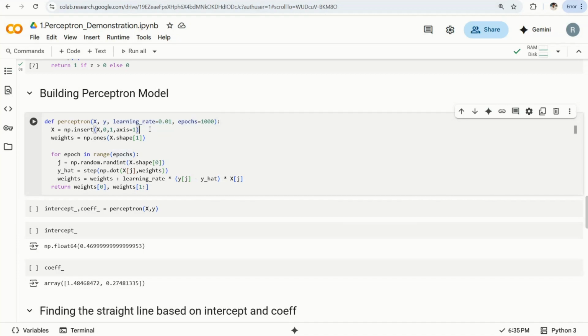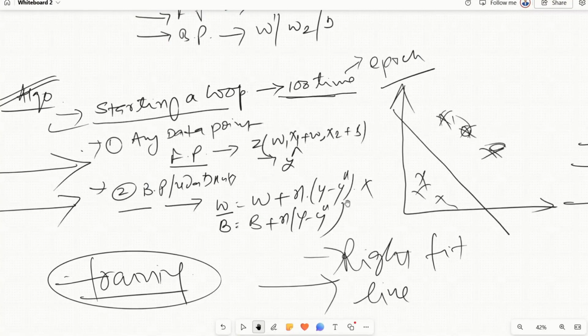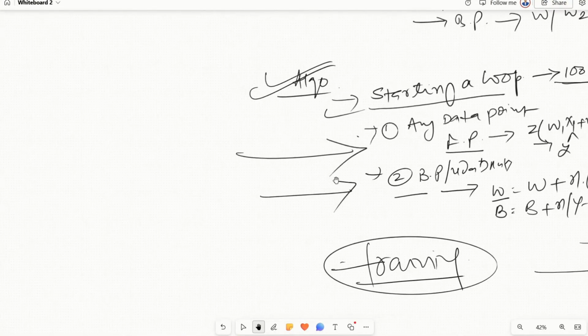As I discussed in my previous video, whenever we do line rotation, I've already covered this point, but I'm reiterating.